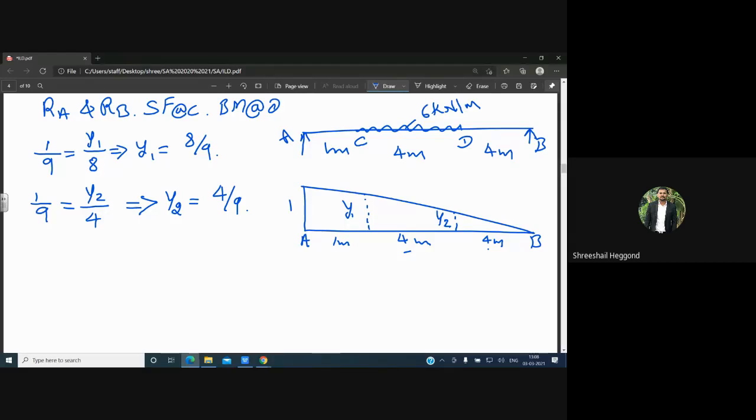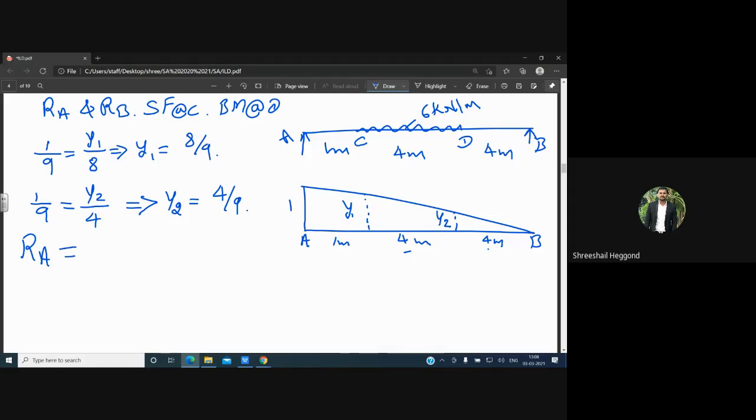Now, reaction at A point. Reaction at A point RA is given as, if it is a point load, we used to multiply the ordinate with the applied load.